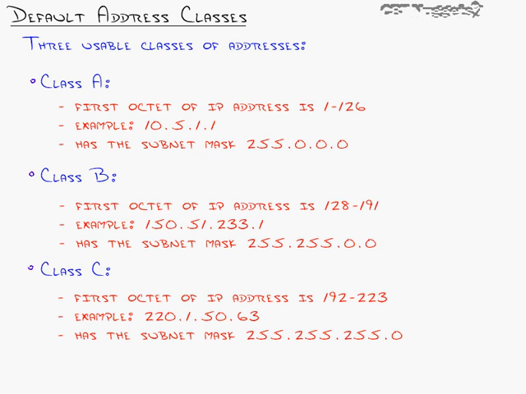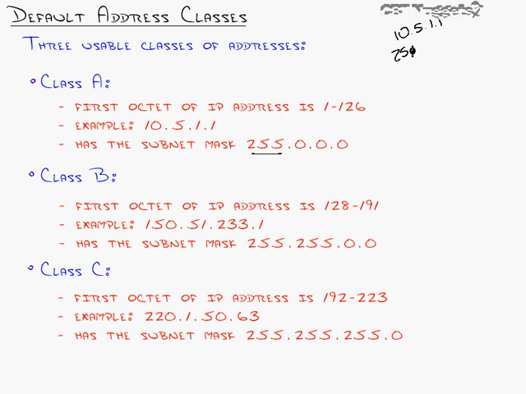Now the concept of this was fairly simple. They did not envision the internet being as big as it was today. So they said, well, a Class A network will have the default subnet mask of 255.0.0.0. So for example, you see that I have right there 10.5.1.1.